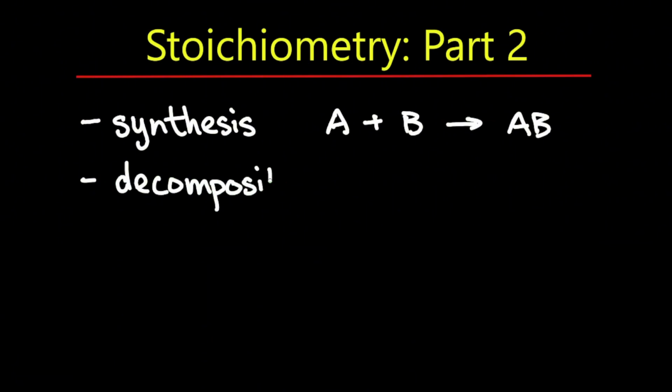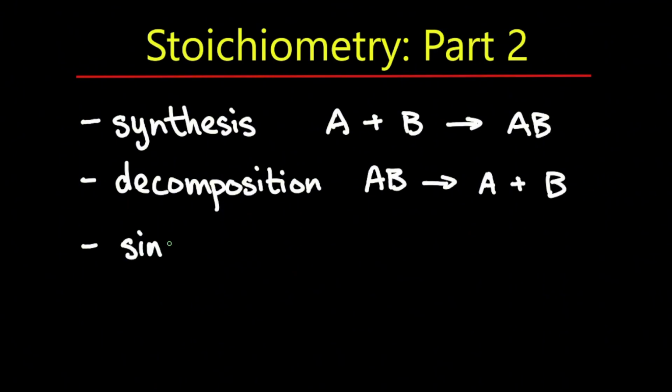You might have guessed by the word what it means. It means a compound AB splits into A plus B, two elements. It's basically the reverse of synthesis. Third type is single replacement.